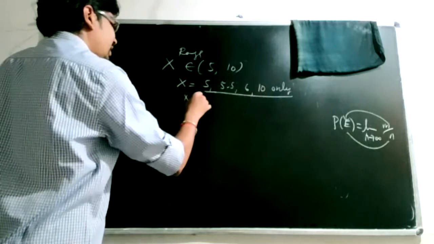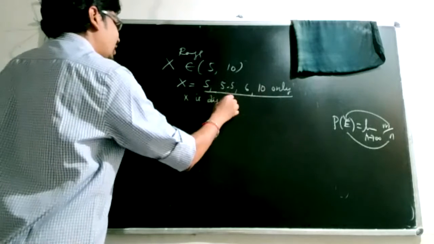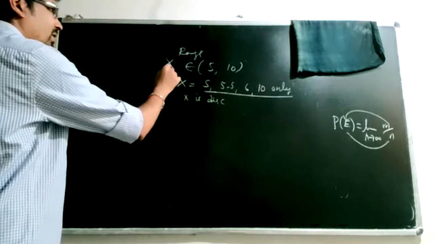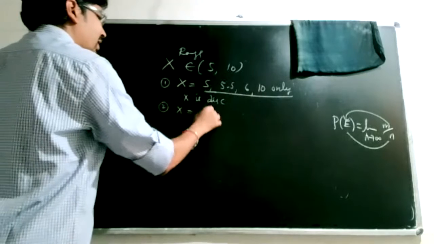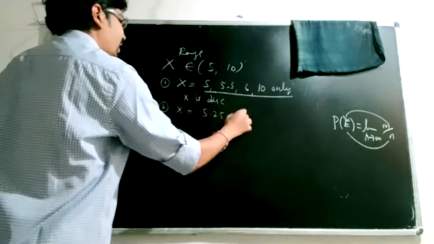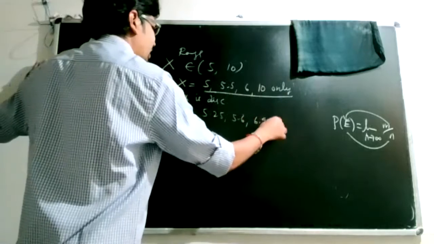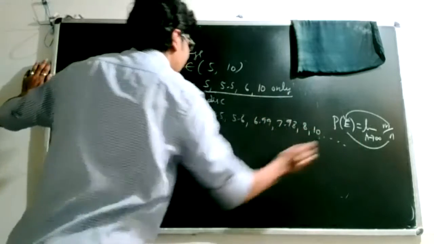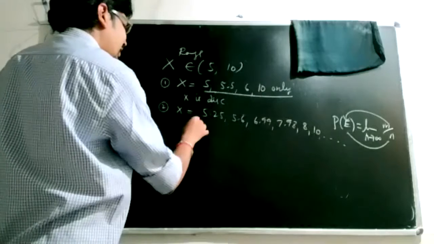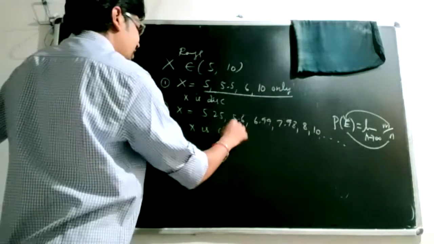In that case, we say x is discrete. Now you are in a situation where if you say x belongs to this interval, but my x can take any value 5.6, 6.99, 7.98, 8, 10, etc. So you cannot specifically list the values; in that case it is continuous.